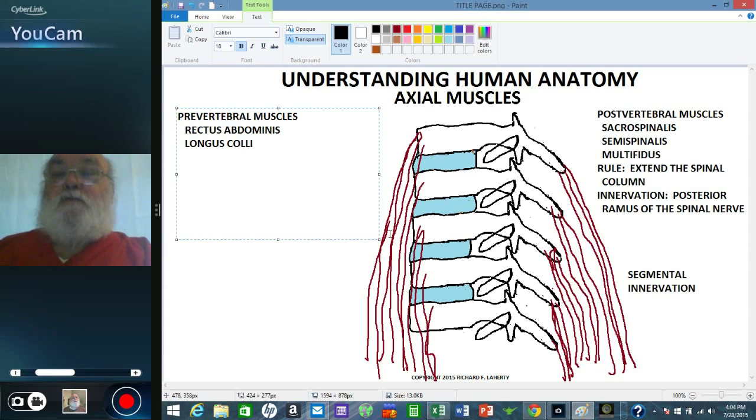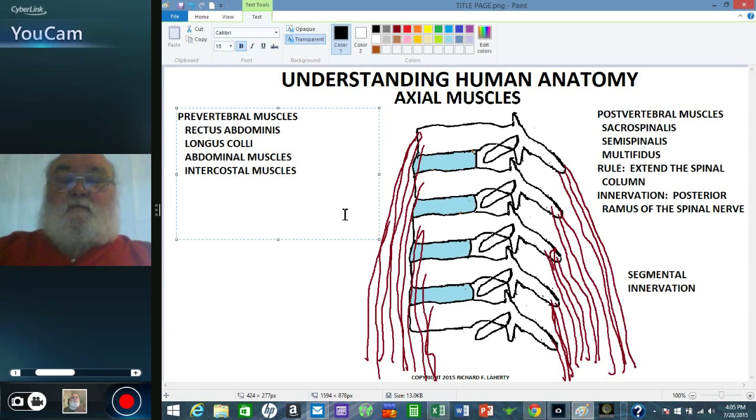These are the prevertebral muscles. All the abdominal muscles are prevertebral. All the intercostal muscles. All of them are prevertebral.